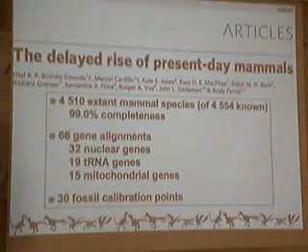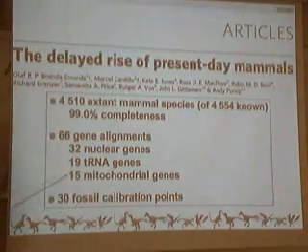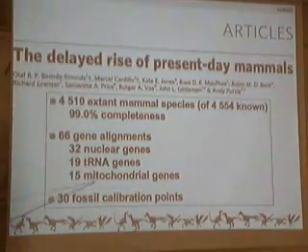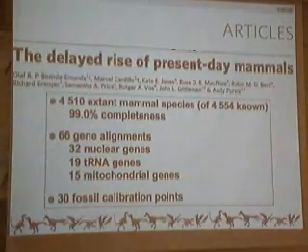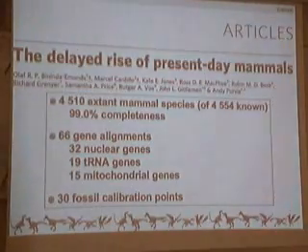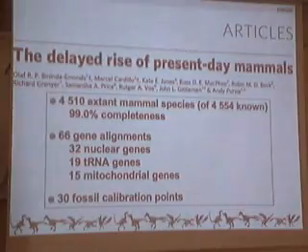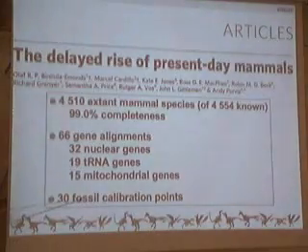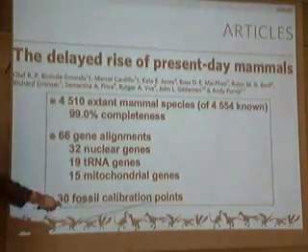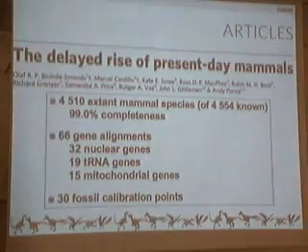So those are the transfer RNAs that carry around amino acids to the build-up of proteins. And 15 of the genes came from mitochondria, so the small energy making factories that we have that also have special genomes, the mitochondria. And together with that, they also used 30 fossils for calibrating the timelines.